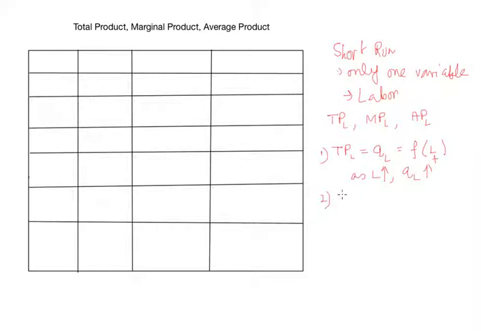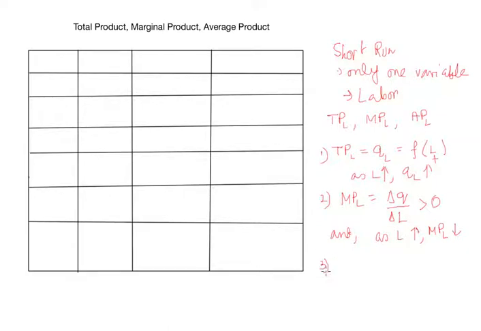Number two, marginal product of labor is defined as the change in the quantity of output due to a unit change in the quantity of labor. This we know to be positive, and also as L increases, MPL decreases. So diminishing marginal returns to labor.